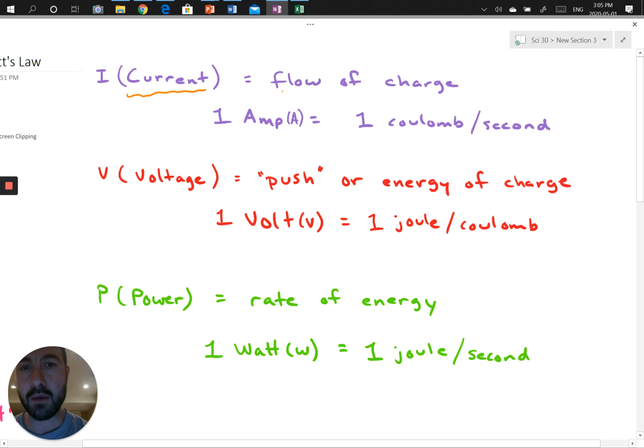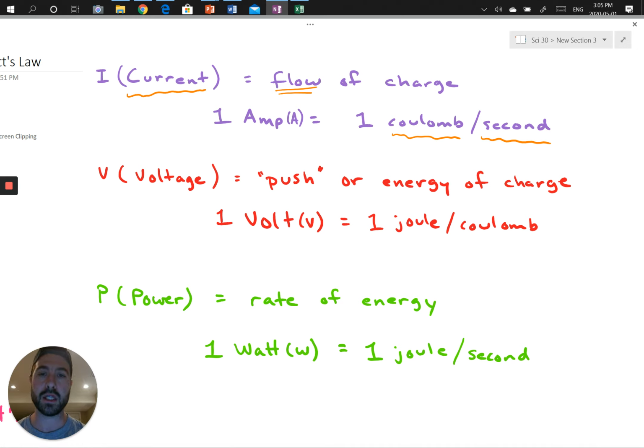So in terms of electricity, it's how many coulombs of charge pass a point every second. Instead of saying coulombs per second, we use a unit called the amp. And 1 amp is 1 coulomb per second.